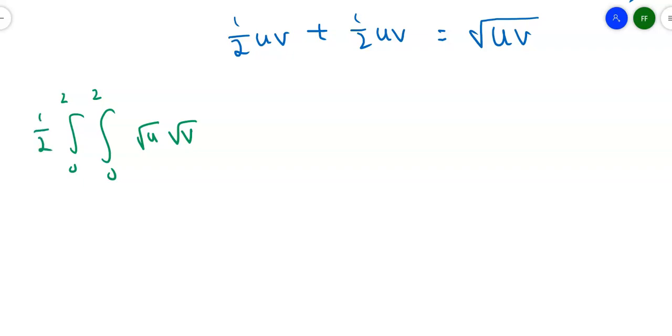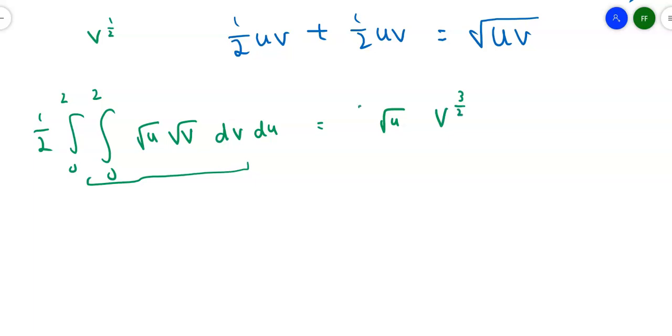What order are we going to do the limits of integration in? Really doesn't matter in this case. I don't know. Let's do dv du. Here's the trick. First time I'm integrating with respect to v, meaning that the u is just a constant. I keep the square root of u. When I integrate v to the 1/2, I add 1, divide by the new power.